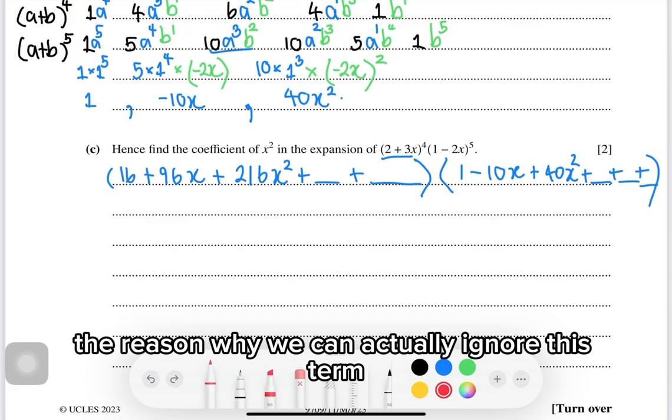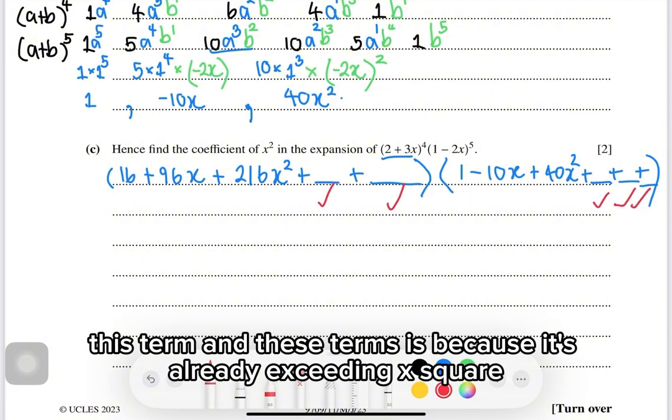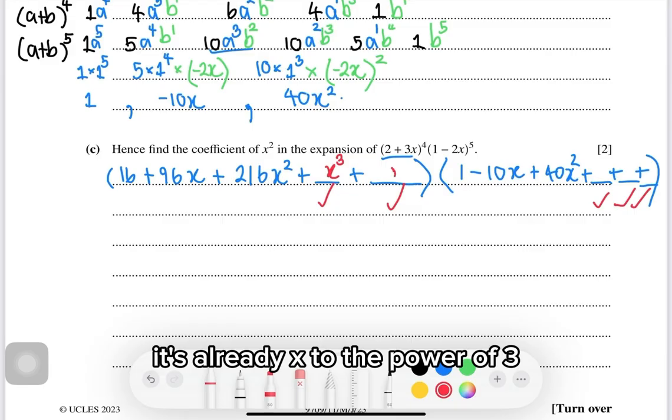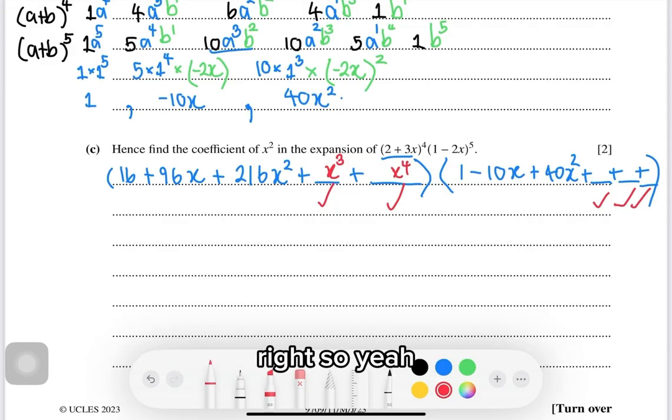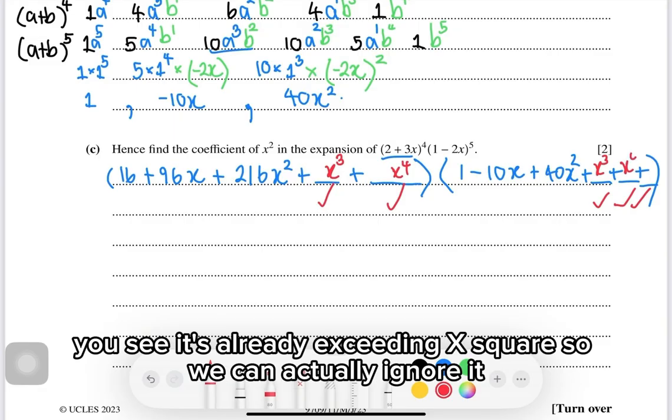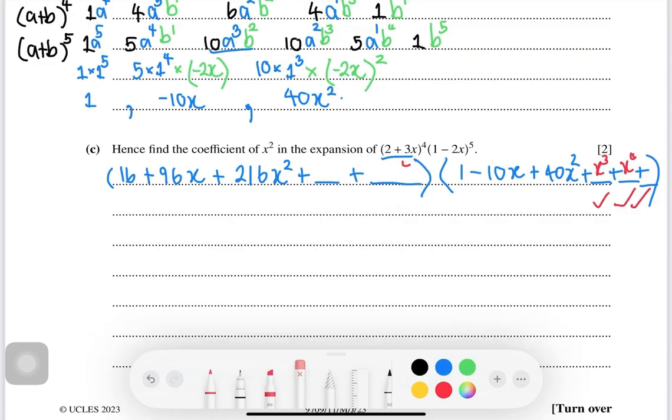The reason why we can actually ignore these terms is because it's already exceeding x squared. It's already x to the power of 3, and it's going to be x to the power of 4, right? So yeah, you see, it's already exceeding x squared, so we can ignore it.